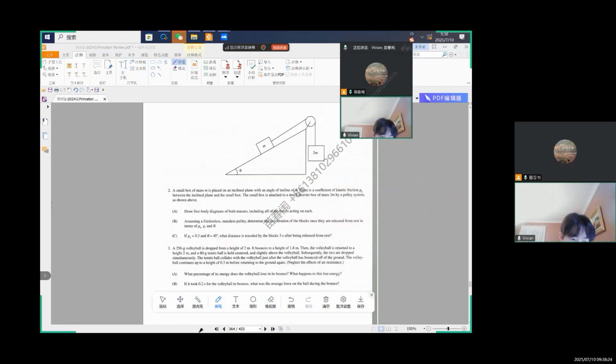Which equation do you want to use? We need the x. We have x equals x initial plus v initial.